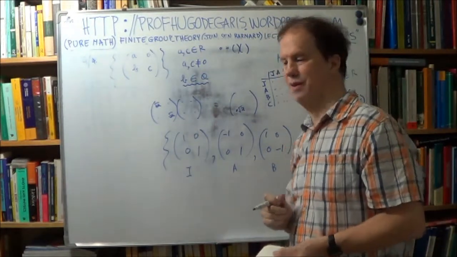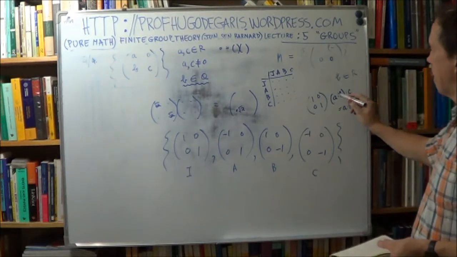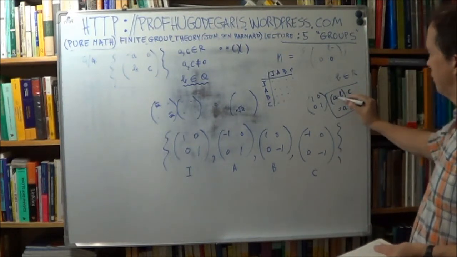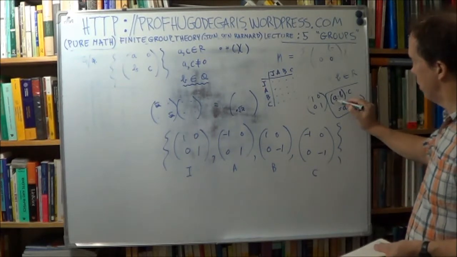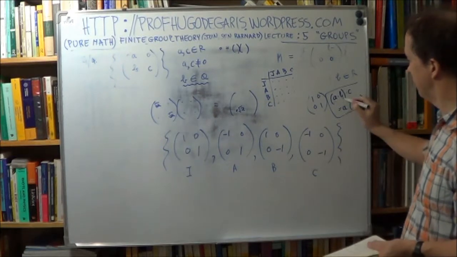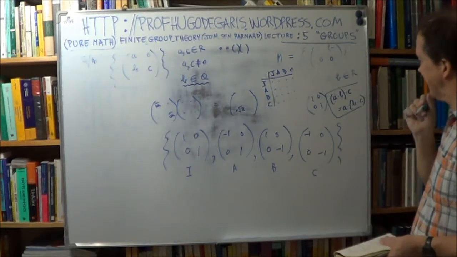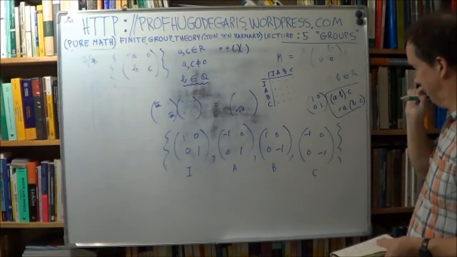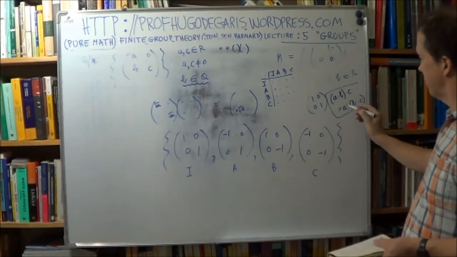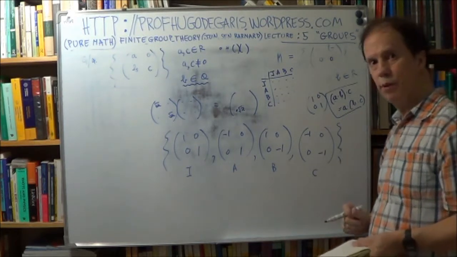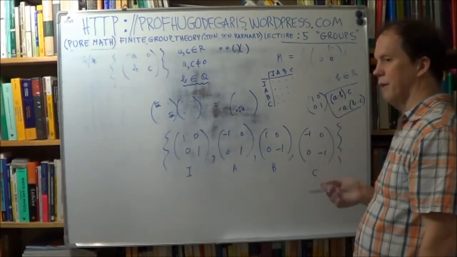That is tedious, definitely not doing it. To prove associativity, you have to show that this is true for all cases. So you have four possibilities here, four here, four here, and so 4 by 4 by 4, 64 cases. Tedious.